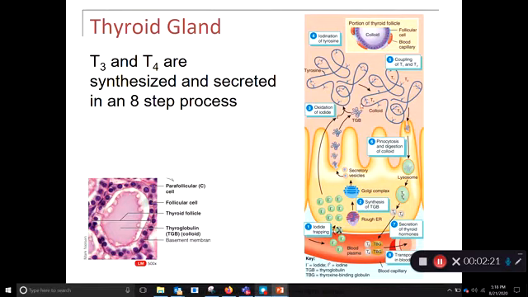And when it's fully created, fully bound to iodine, these cells are going to cleave off some of these proteins, transfer it into T3, T4, and then release it out into the blood, where it is bound by a globulin, or a type of protein that holds on to T3, T4. Remember that thyroid hormone is fat soluble. It is lipophilic.